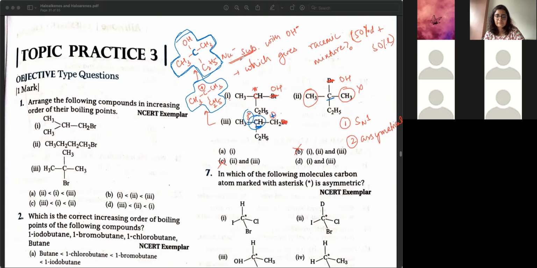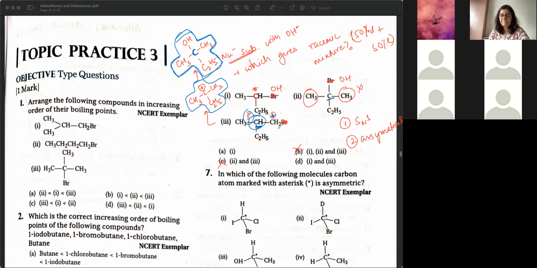Ma'am, can't we just consider the carbon to which bromine is attached? That itself is not chiral. So can't we say that it won't happen? The reactant is not chiral, but the question says that nucleophilic substitution gives the racemic mixture, right?